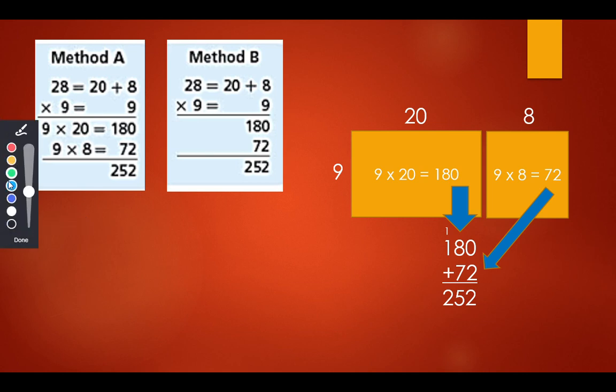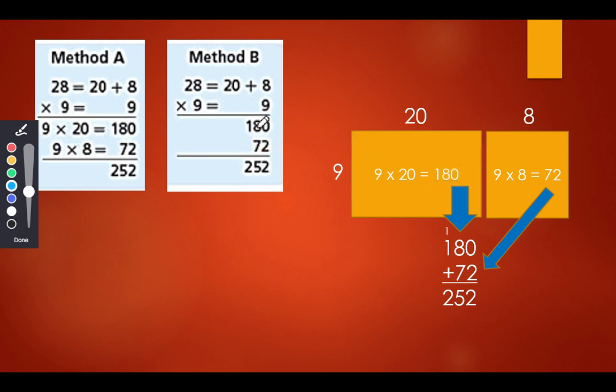If I can graduate from this method to this method, what I'm going to do is remember, instead of writing it down, that first I'm going to multiply 20 times 9. Okay, 20 times 9. And over here, I'm doing my 20 times 9. And that equals 180.